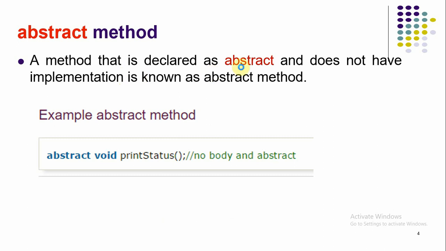A method that is declared using the abstract keyword is called an abstract method. In an abstract method we don't write any detailed implementation. Usually it ends with a semicolon, like abstract void someFunction(); There is no function body inside an abstract method.